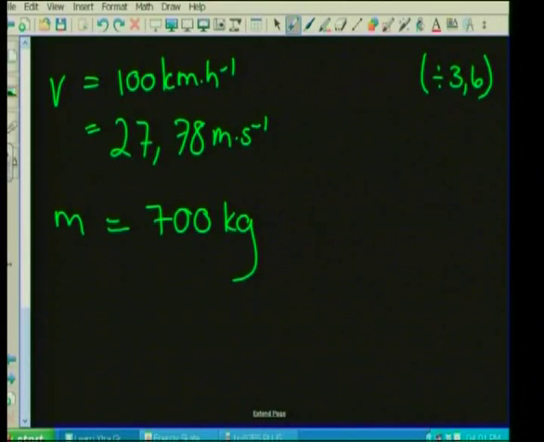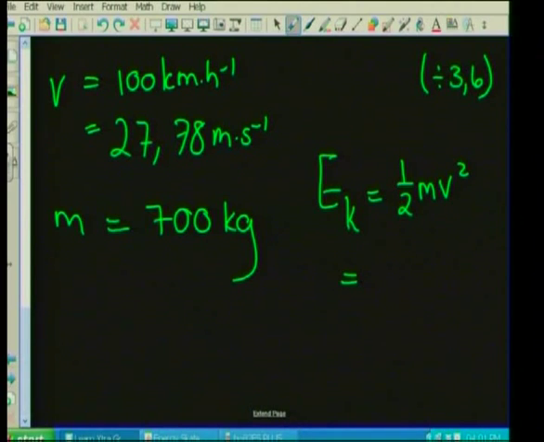But we're not done yet, because the question was calculate the kinetic energy. All I've done so far is calculate the velocity in meters per second. From the original question, we knew mass was 700. We want EK, and that's a half mv squared.